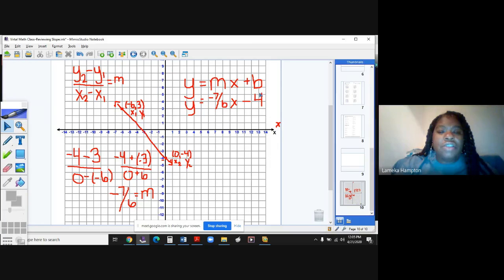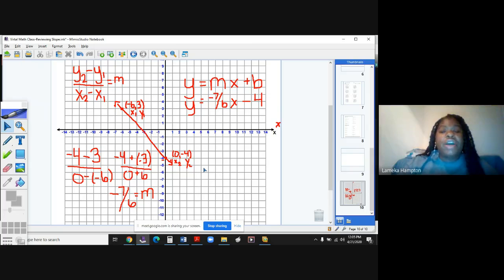Your y-intercept, which is represented by B, is where your line crosses at the y-axis, and it is also represented as your y-coordinate. So that's the reason why I put -4, because -4 is my y-coordinate here. Hopefully you all can see that.